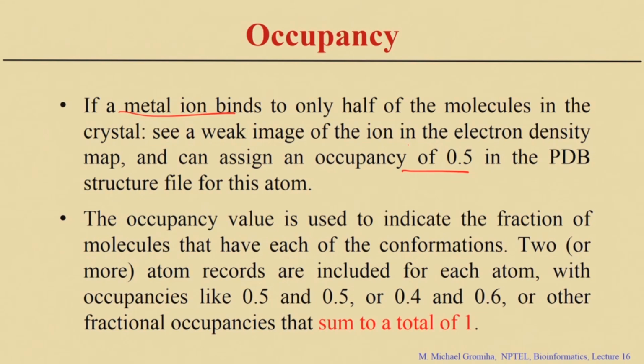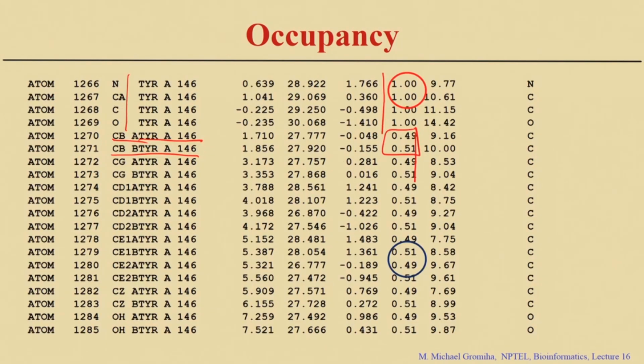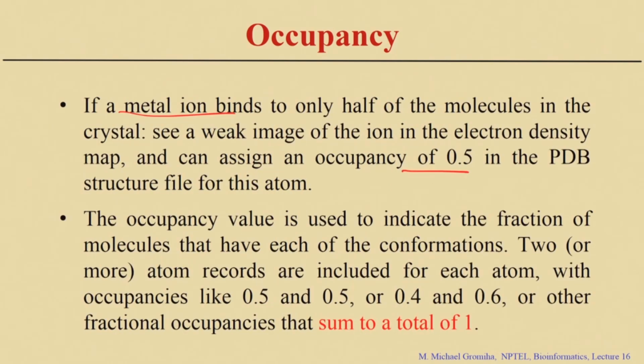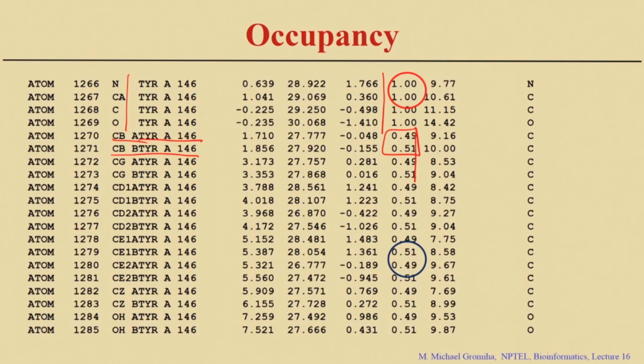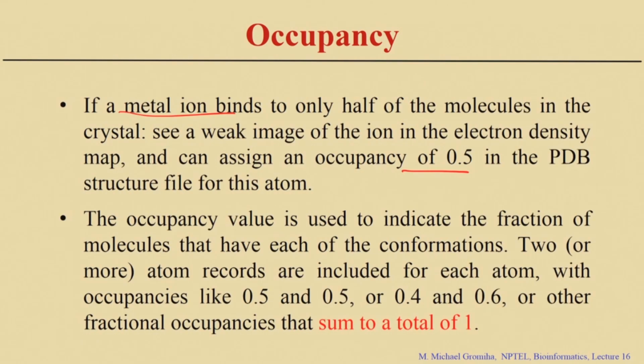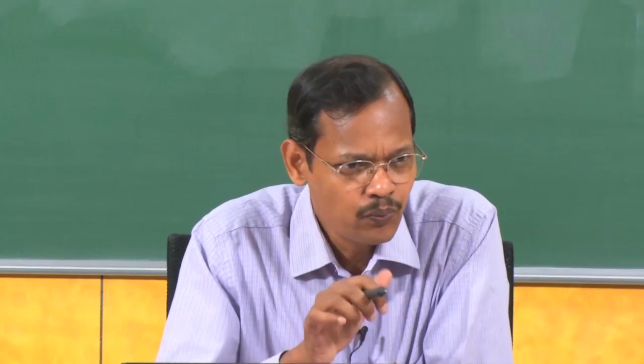In this case, this atom, the C beta of tyrosine 146, has two different orientations. The total should be 1. So, there are different cases, for example 0.5 and 0.5 or 0.4 and 0.6 and any fractional occupancies, but the total should be equal to 1.